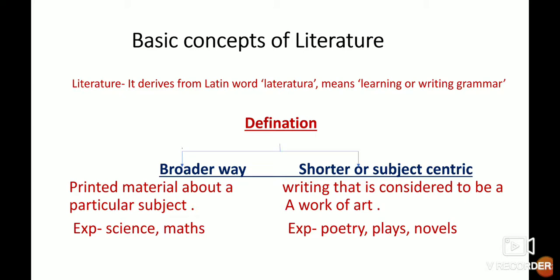It can be the literature of science, it can be the literature of mathematics or any other subject. Your science textbook is also written in Hindi or English language, so it is called the literature of science, the literature of mathematics, the literature of history, the literature of any other subject.